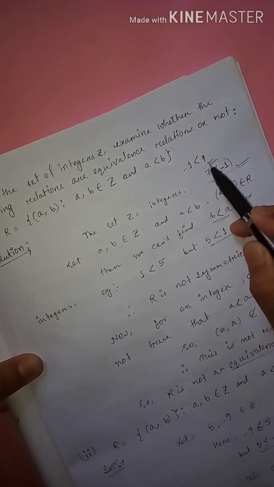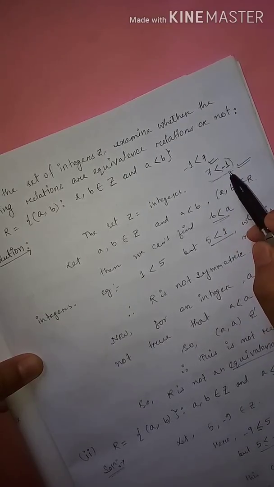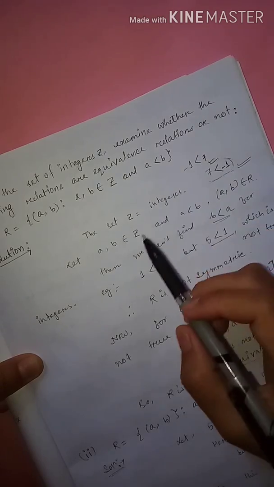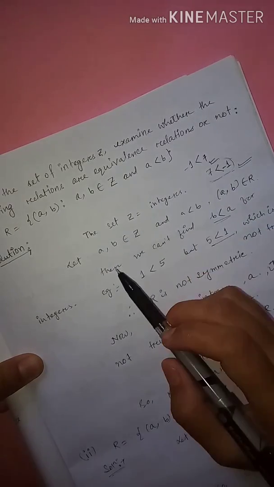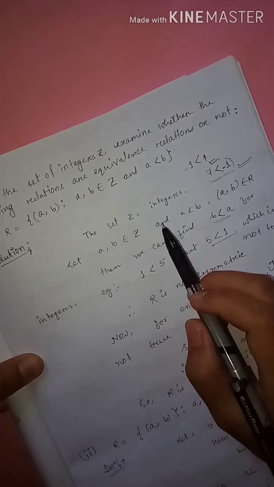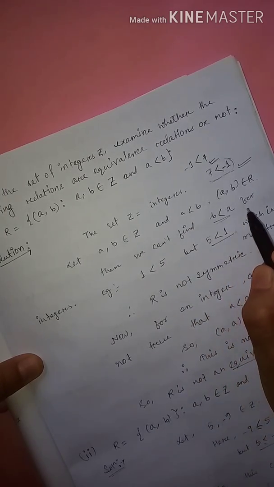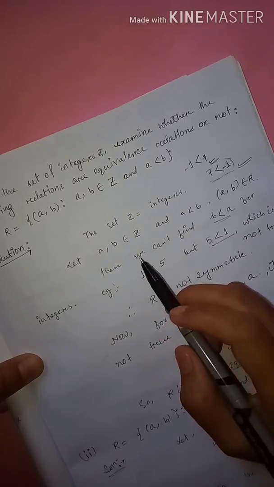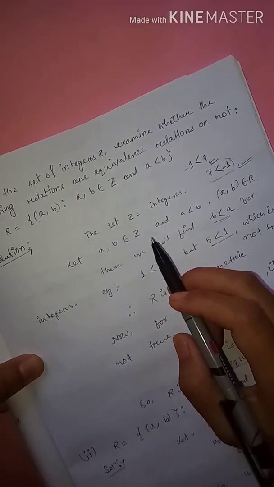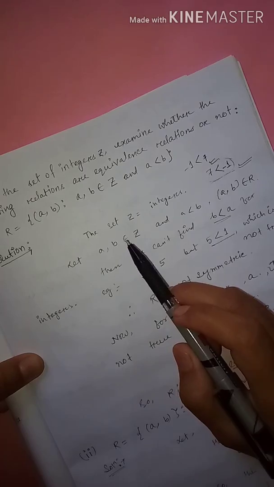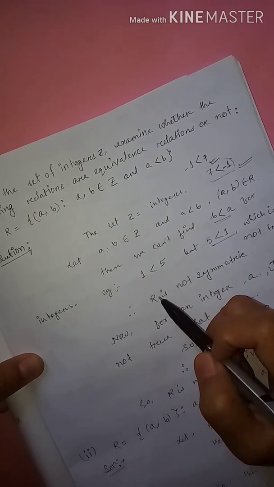It is false. Therefore, for any elements a and b belonging to Z, if we find a less than b, we cannot find b less than a for the integers a and b belonging to Z. Therefore, this relation is obviously not symmetric.